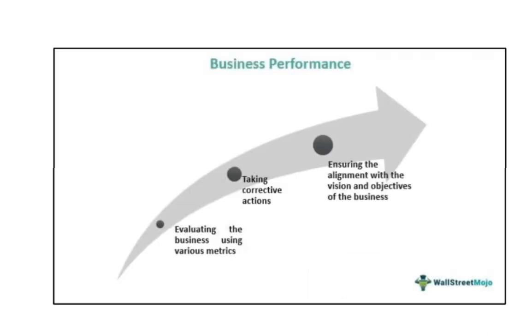Now, increasing business performance. The first part is evaluating the business using various metrics. For evaluation, there are lots of metrics and it will not rely on a single method, especially if you have a big business with a wide area.